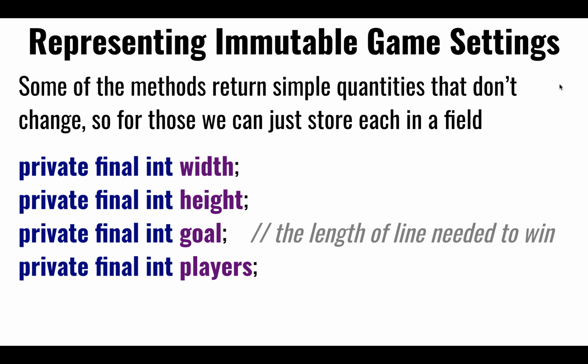Also, how many players are playing, presumably 2, 3, 4. Also, how many tokens you need to connect to win the game is also a configuration, an initial property of the system. So they're fine to be declared as final, and presumably the constructor will initialize these, and then they will never change after that. So that seems a pretty safe bet.